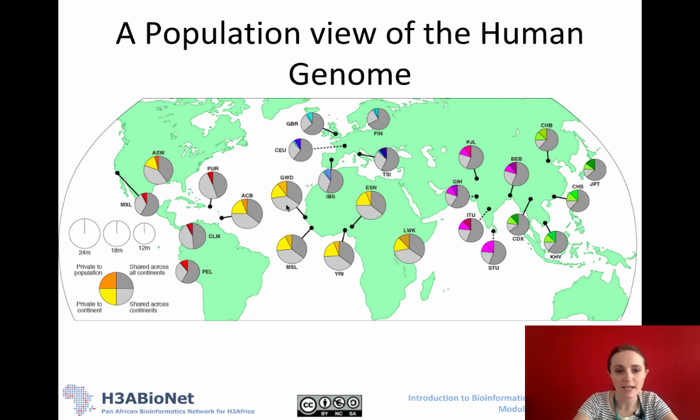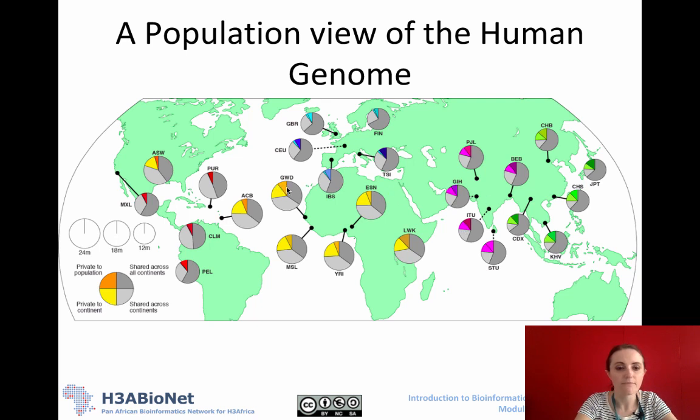The lighter grey are found in some of the other continents, but not all of them. This light yellow, these are variants that were only found in this example in the African population. This light pink was only found in the Indian subcontinent population.